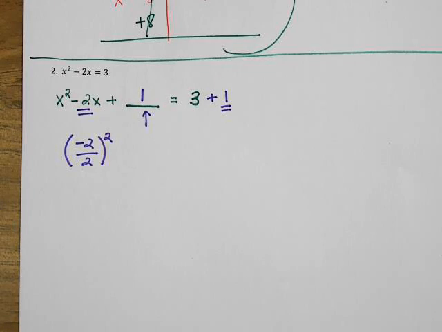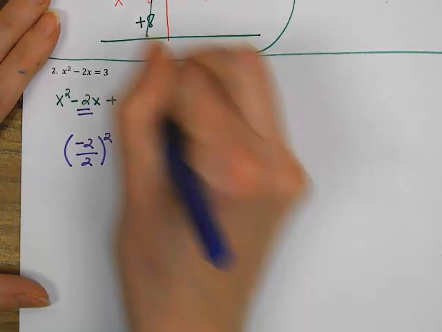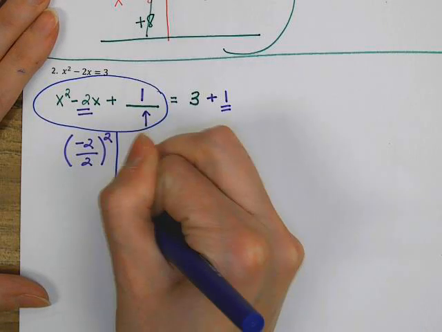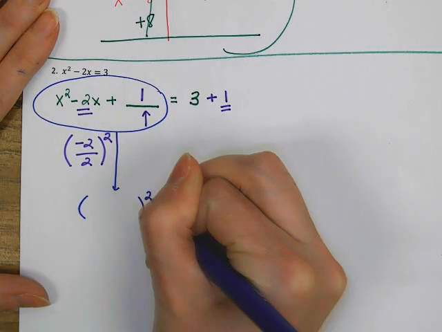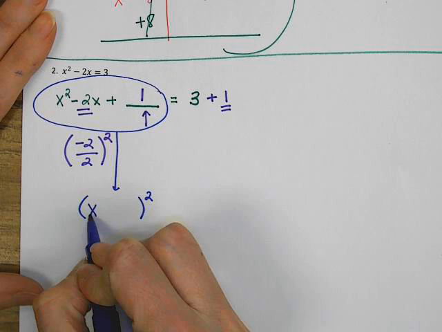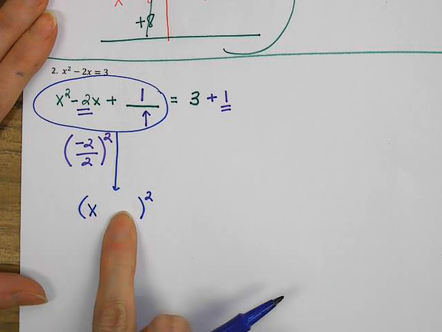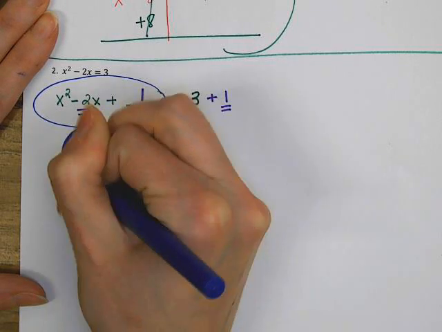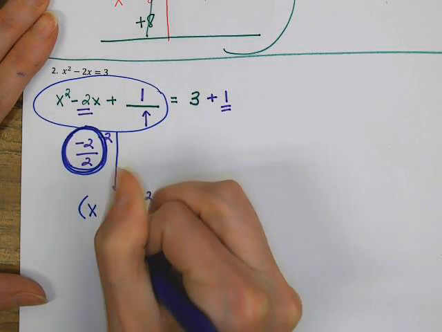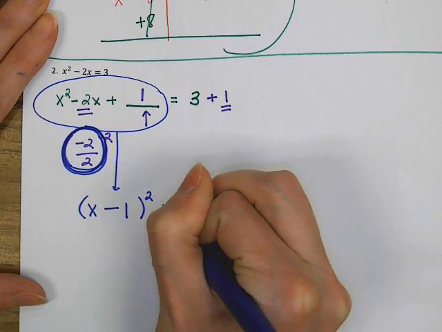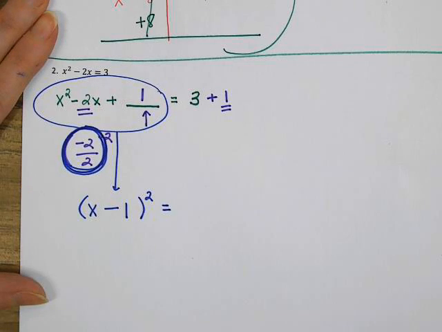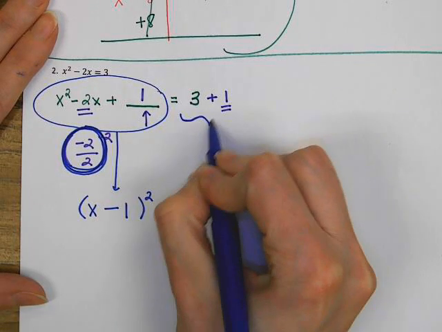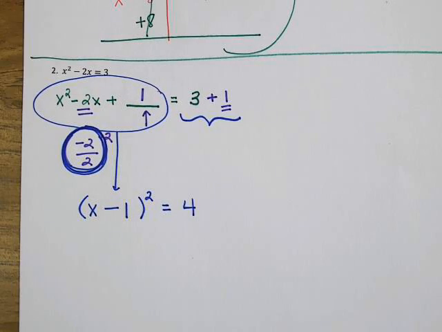Okay, now let's turn this into our perfect square. So what would that be? Well, it's going to be x, and then this number is, remember, it's just the b over 2. So just this guy, negative 2 divided by 2 is negative 1. On the right-hand side, we're going to add 3 plus 1, and that is 4. And now we solve, and you guys should know what you're doing.